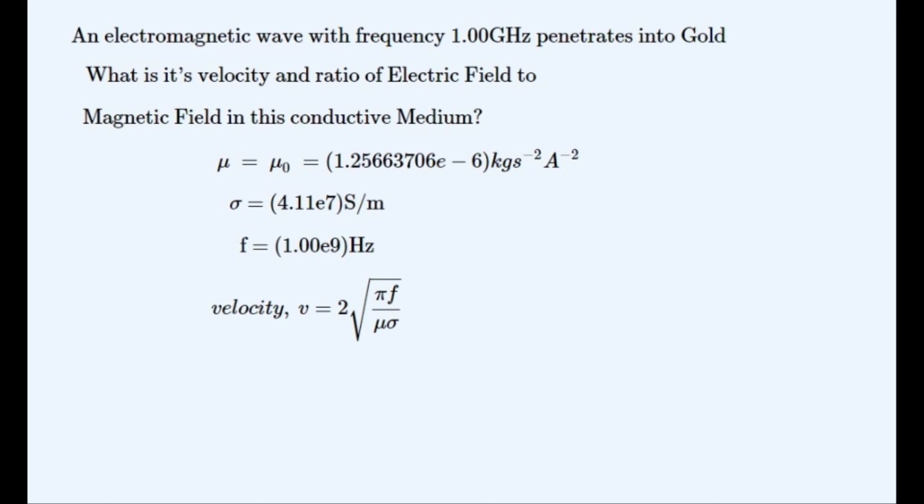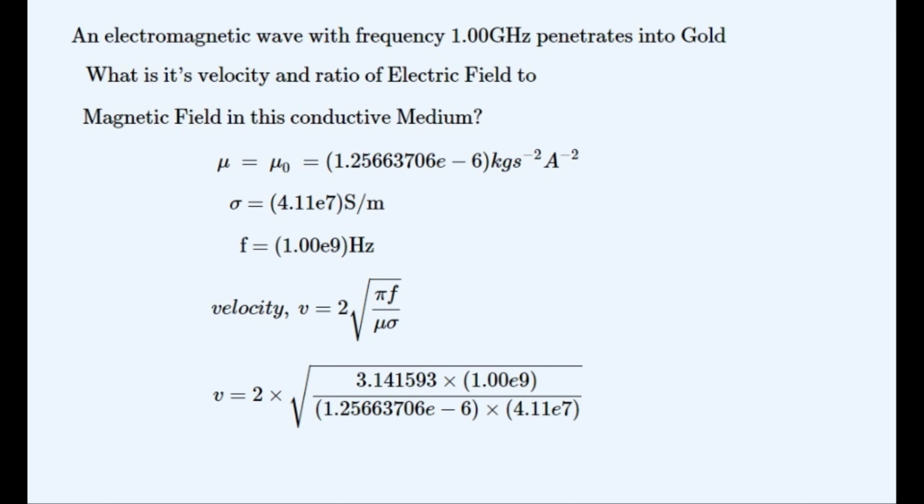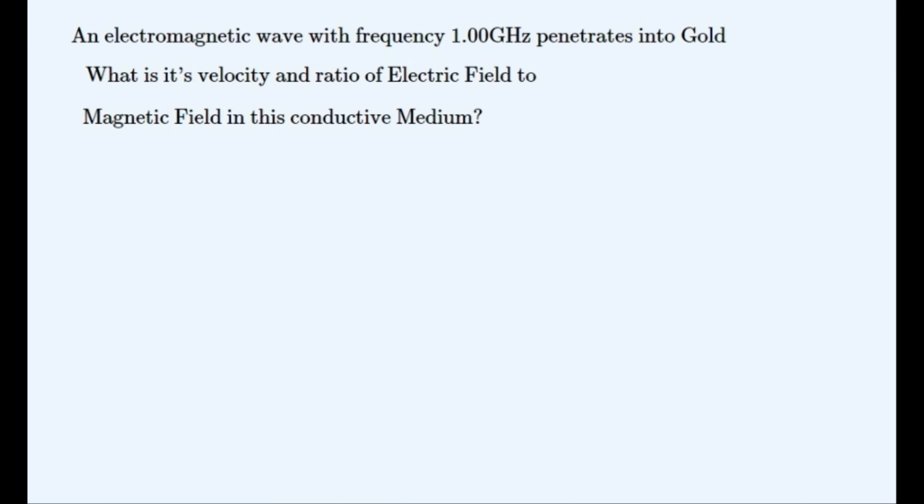And we'll use this equation that we've derived earlier, plug all of the values into it, and then solve it. The wave moves a lot slower in a metal than it does in free space, by a factor of 10,000.